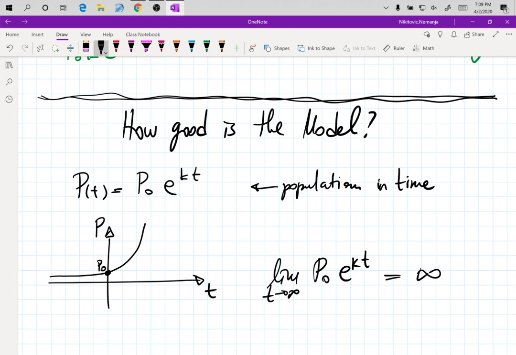So if you use the last, let's say, 40 years to come up with the mathematical model, and you are going to look 10, 15, 20 years in advance, yeah, the exponential model is going to work. But try looking 100 years or 400 years, it's not going to work. It's simply not going to work.